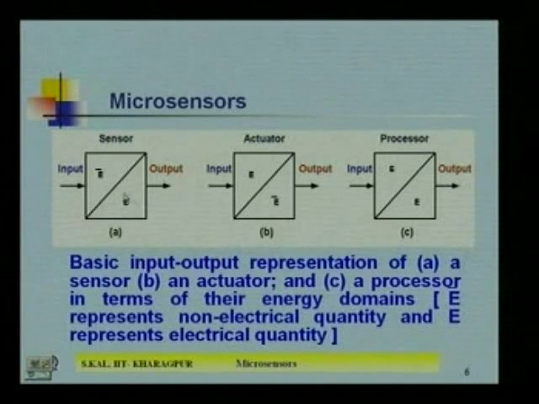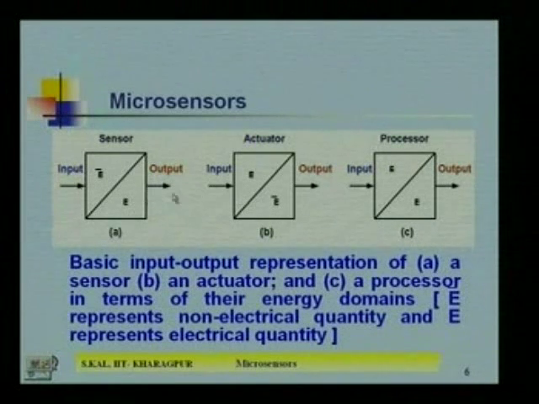Here E is one form of energy, and E bar is another form of energy. E represents the electrical quantity and E bar represents the non-electrical quantity. So, the sensor basically converts the non-electrical quantity into its electrical quantity.